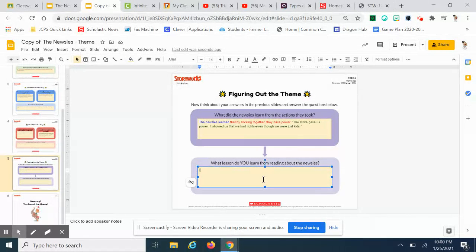You don't have to word it just like this, but you could say, I learned that kids can be powerful and stand up for important causes by sticking together. So I explained what that meant.